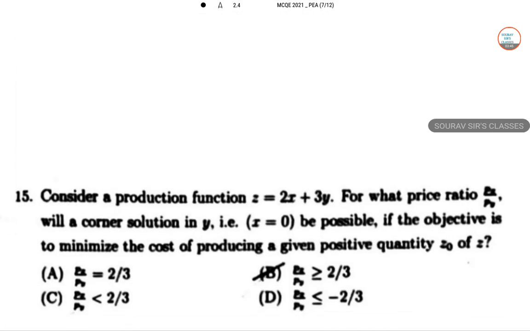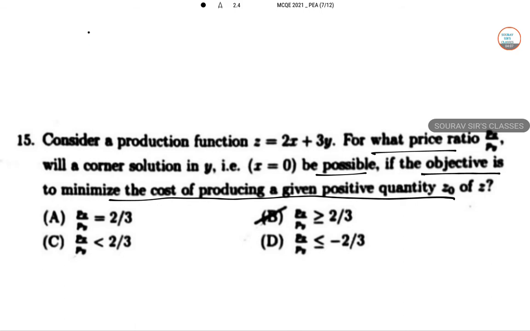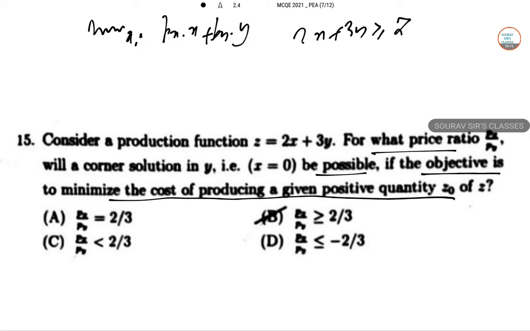Next question, consider the production function Z equals 2x plus 3y. For what price ratio Px by Py will a corner solution of y be possible if the objective is to minimize the cost of producing a positive quantity Z0 of Z? So the objective is to minimize Px into x plus Py into y, such that 2x plus 3y is greater than or equal to Z0.